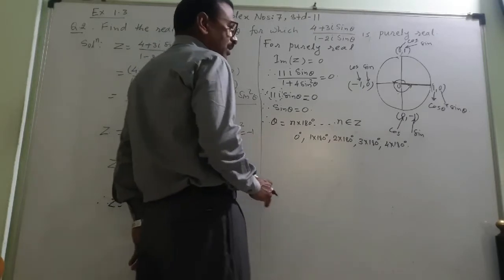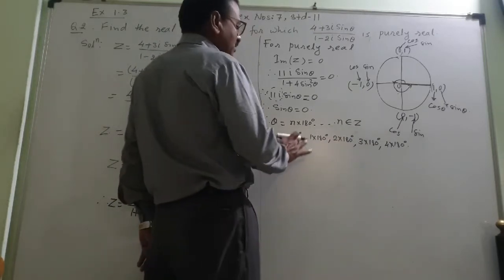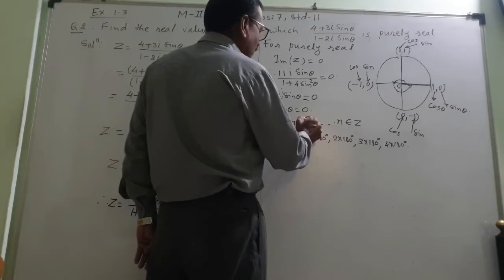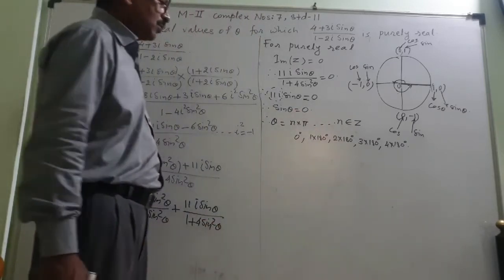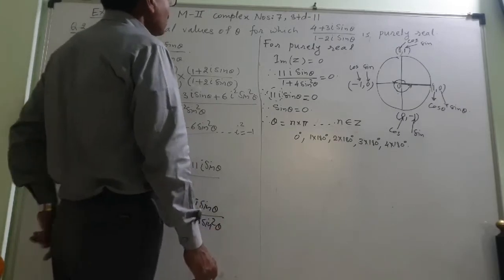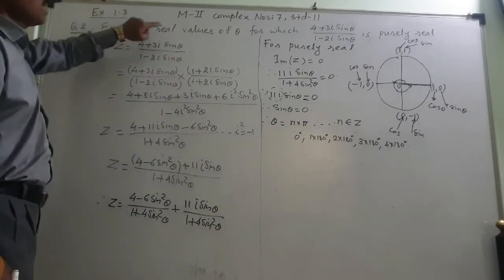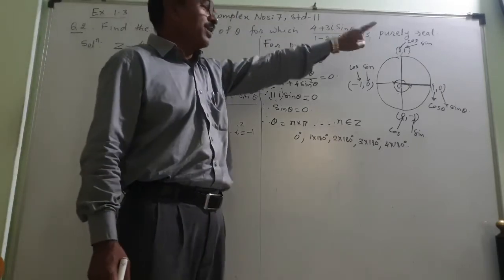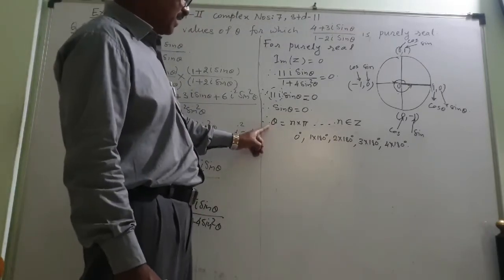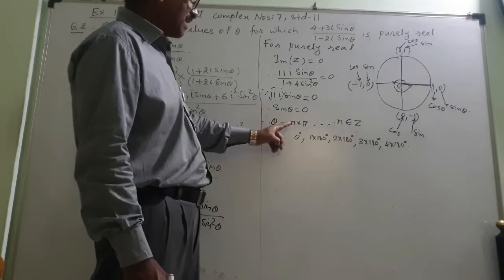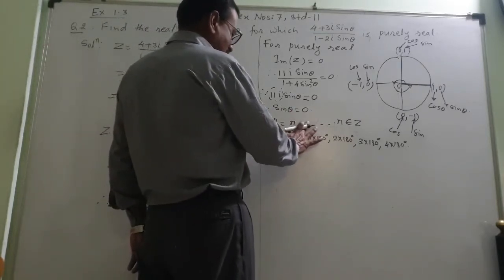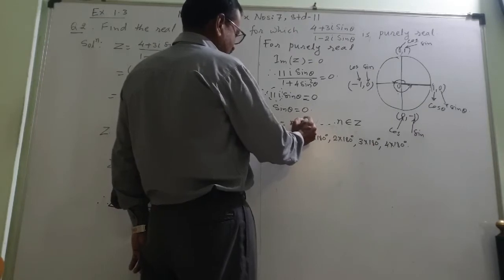But in our mathematics now, we don't write 180, we write pi. So, the answer: find the real value of theta for which it is purely real. It is purely real when theta is equal to n pi. This I will write as n pi.